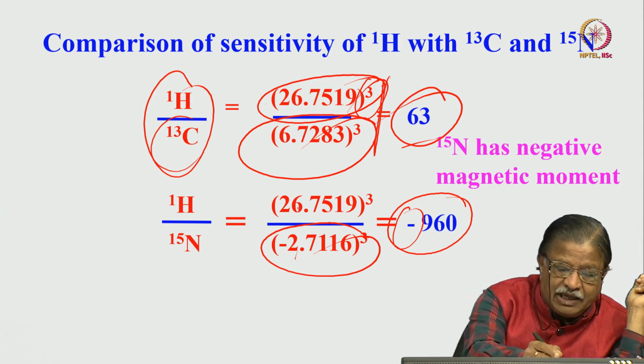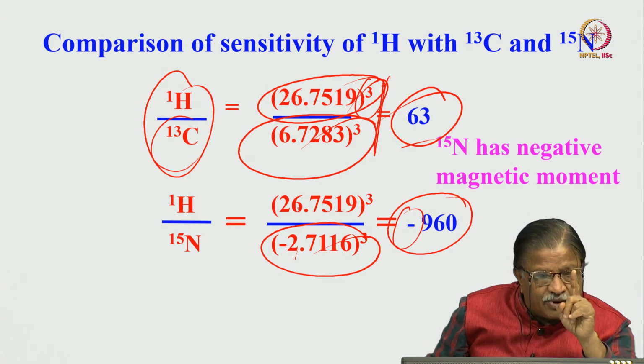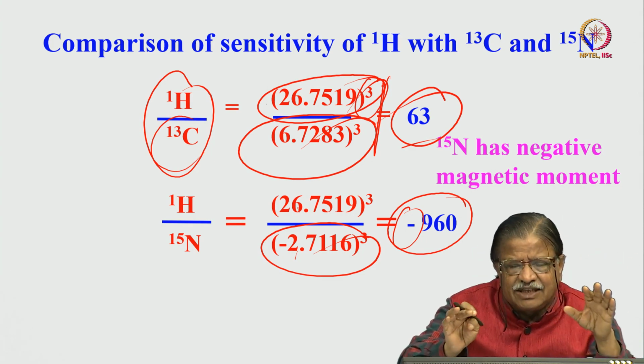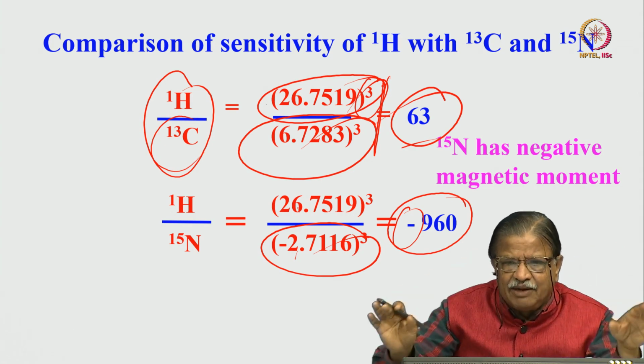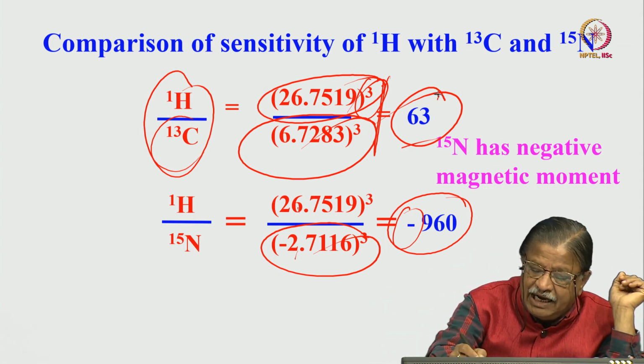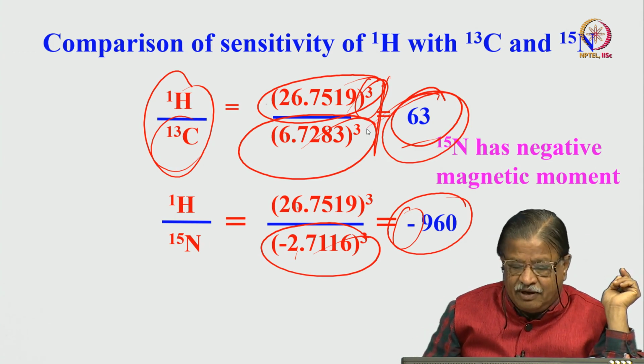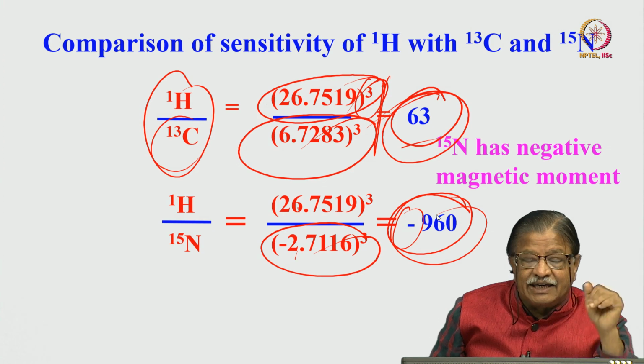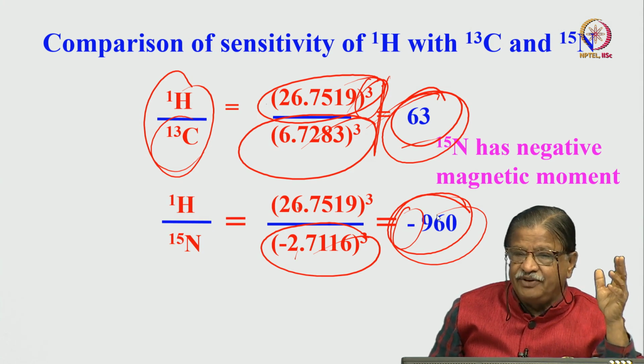Remember, if I can do the experiment of proton in just 1 minute, under identical conditions, assuming that everything remains the same, I need 64 minutes for carbon, and I need 1000 minutes to take the nitrogen spectrum. See the difference?